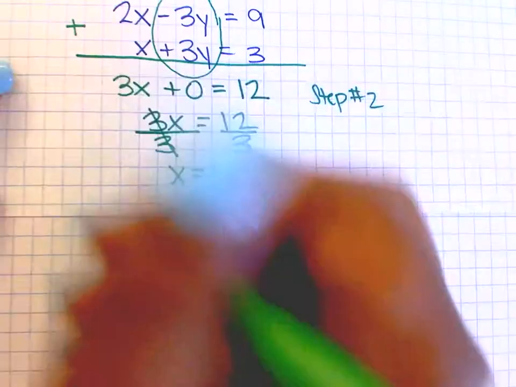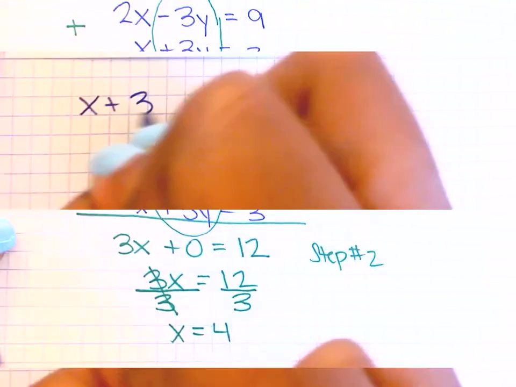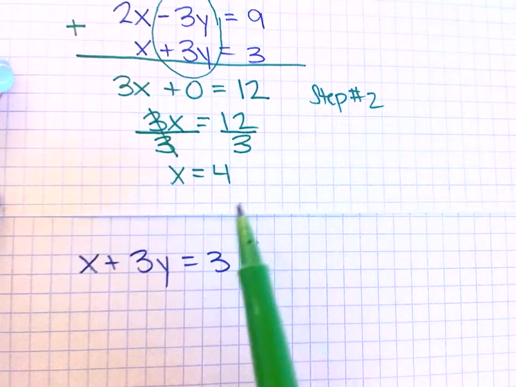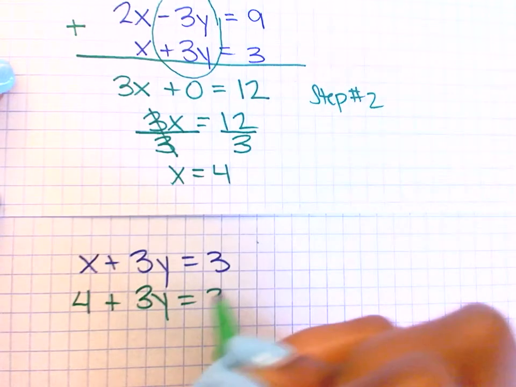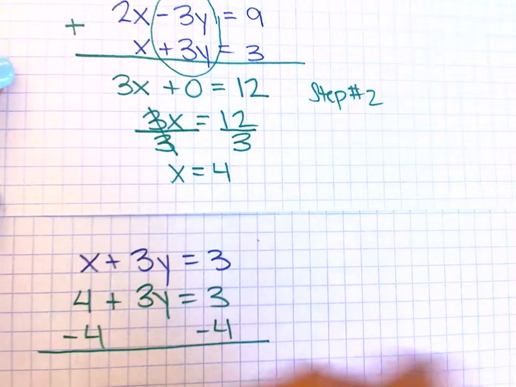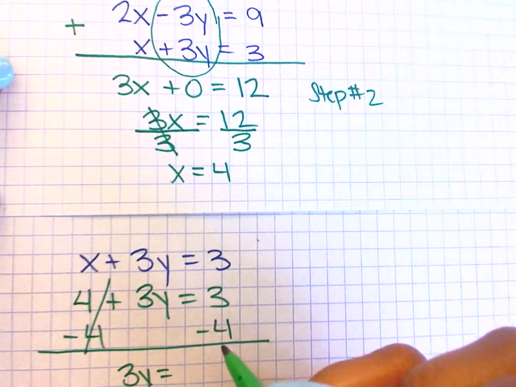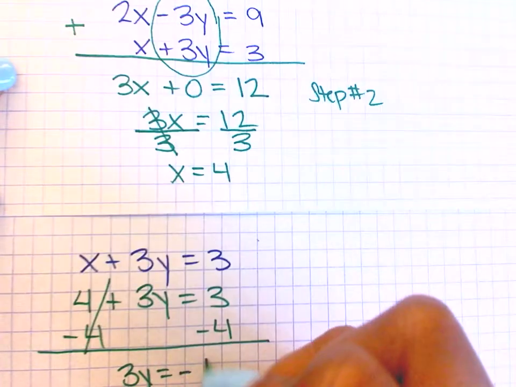Alright, so I have x plus 3y equals 3. Well, we know that x is 4, so I'm going to plug that in. 4 plus 3y equals 3. Subtract by 4 on both sides. 3y equals 3 minus 4, which is -1.